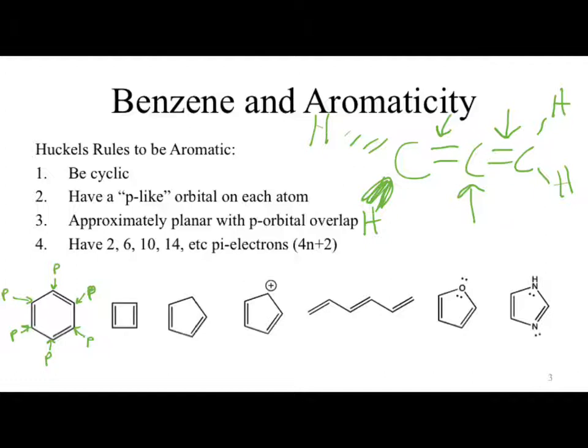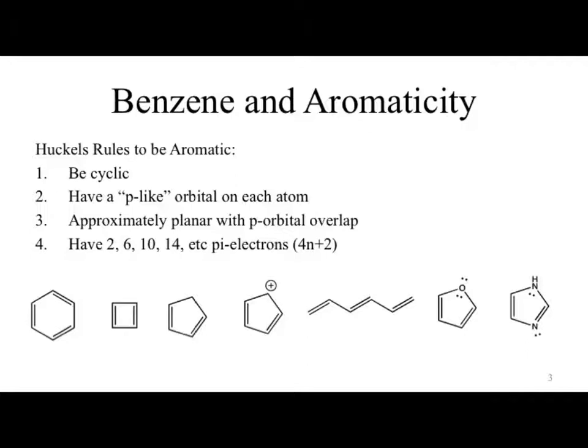If we go through and evaluate benzene for that last one, how many electrons are in the pi system? Where are our pi electrons to begin with? In the pi bonds. How many electrons go into a single pi bond? 2.